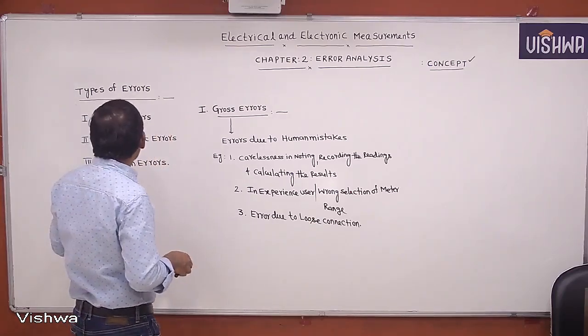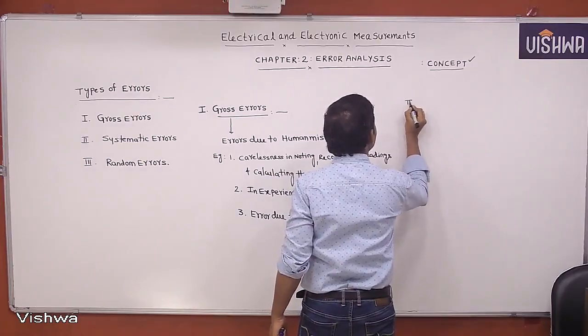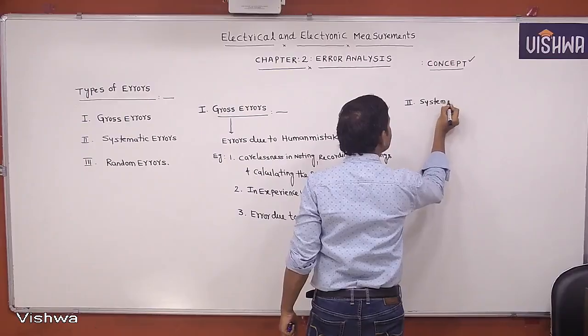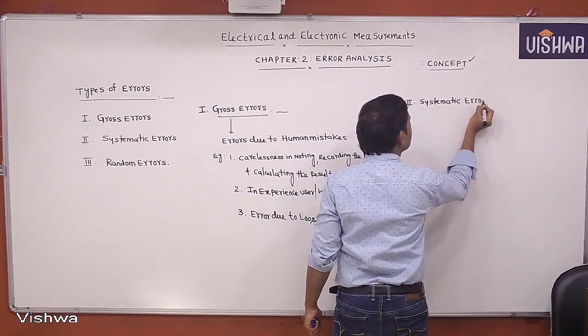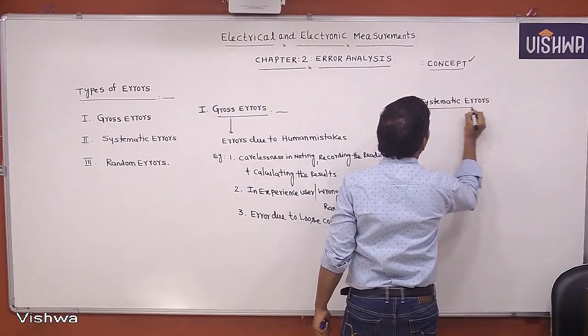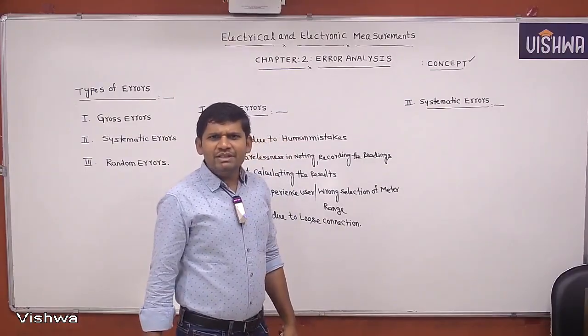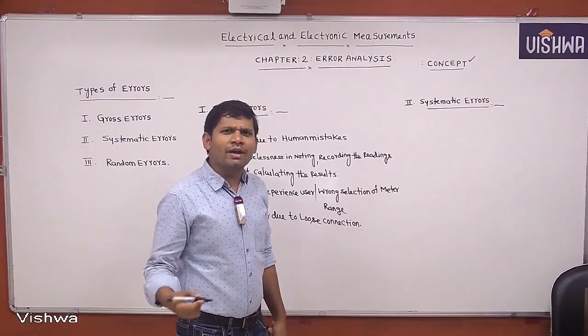Then another one is systematic errors. Why is the name given as systematic? These errors are common for every user.